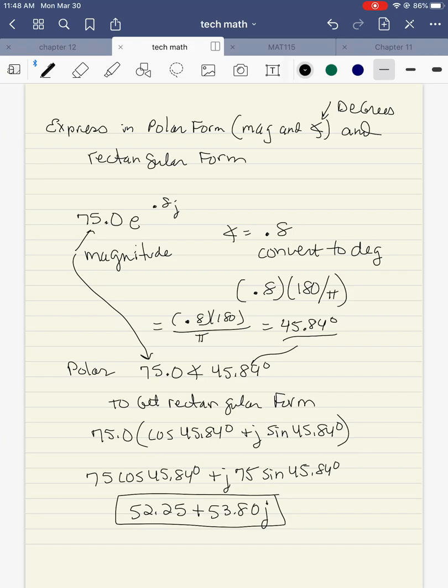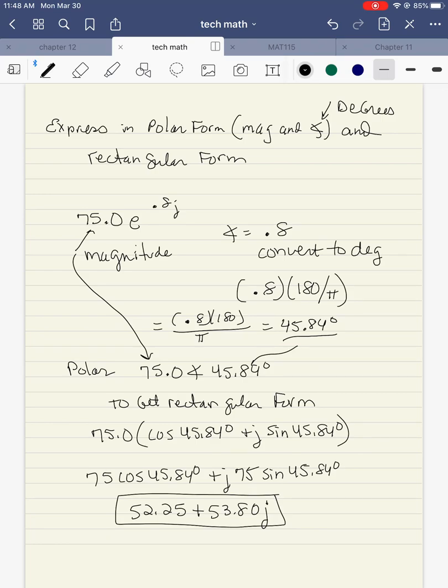Now that I want to get rectangular form, I just expand this out, and I go magnitude cosine sine, so it's 75 times cosine of 45.84 plus j sine 45.84. Taking the cosine of 45.84 degrees, multiplying it by 75, I get 52.25.